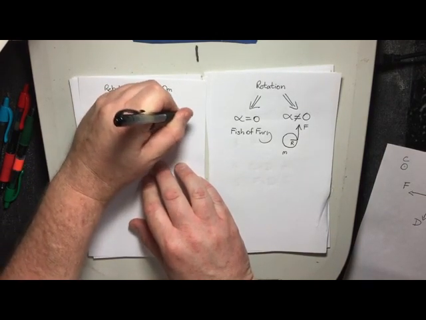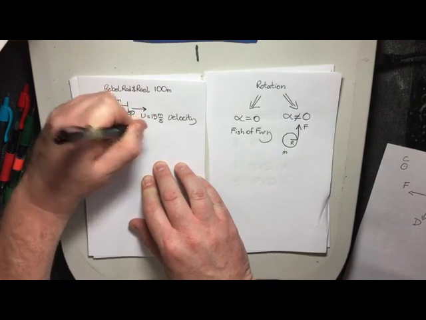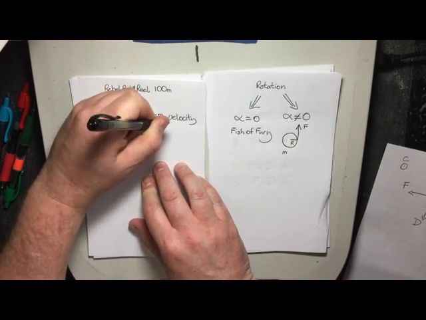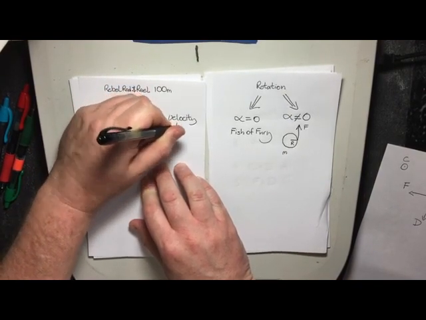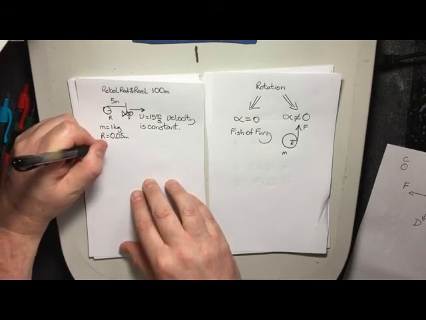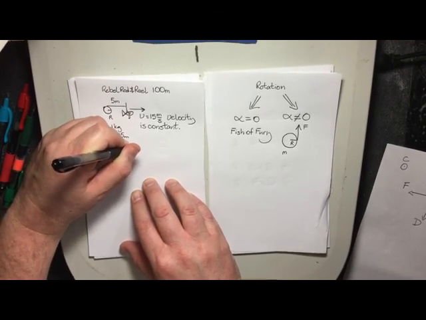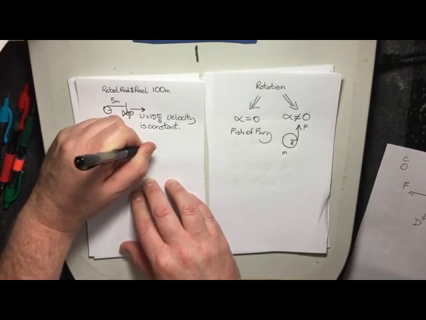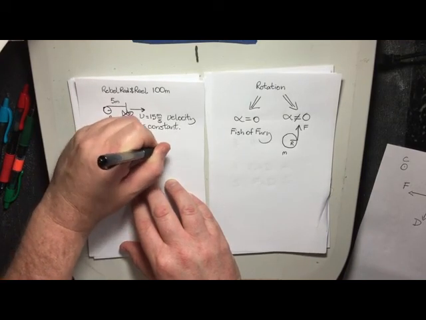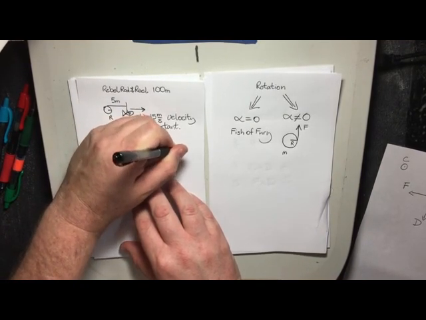The velocity is constant. So this fish grabs onto the line, moves to the right at 15 meters per second, and the velocity is constant. So if the velocity is constant, first question, what is the linear acceleration of the fish?